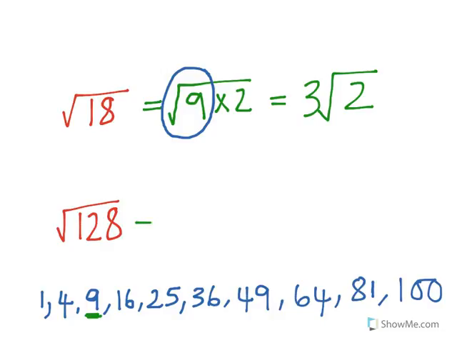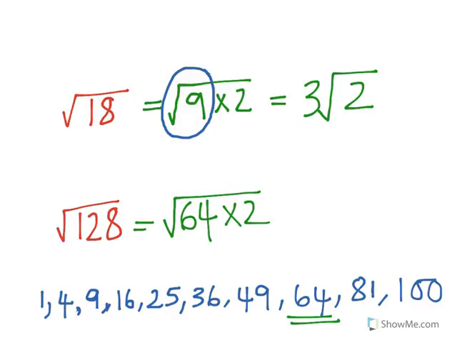So remember, we're looking for a square number that goes into 128, and it has to be the biggest square number possible. So 4 goes into 128, but actually, if I think about it, the biggest number is 64. So 64 is the biggest square number that goes into 128, and it's 64 times 2 that gives me 128.